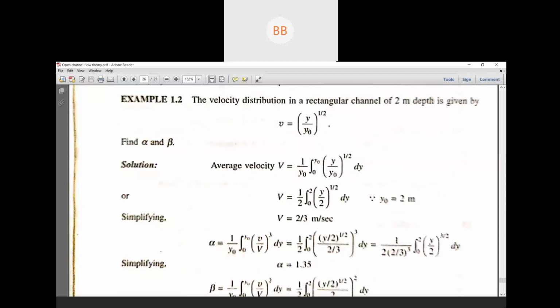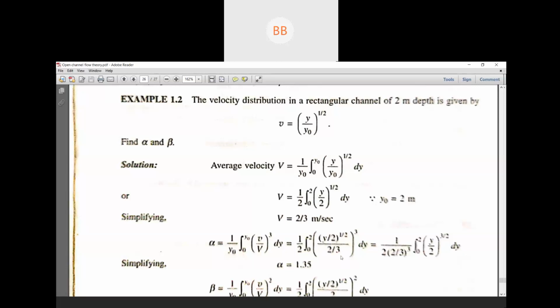So that is why your v will be y by 2 to the power half. So that's what we are going to substitute here. And in place of capital V, we substitute 2 by 3 that we have already calculated. And then you do the integration.